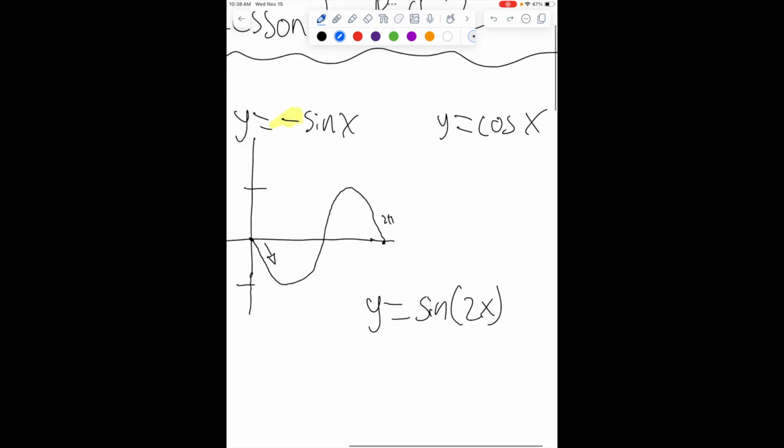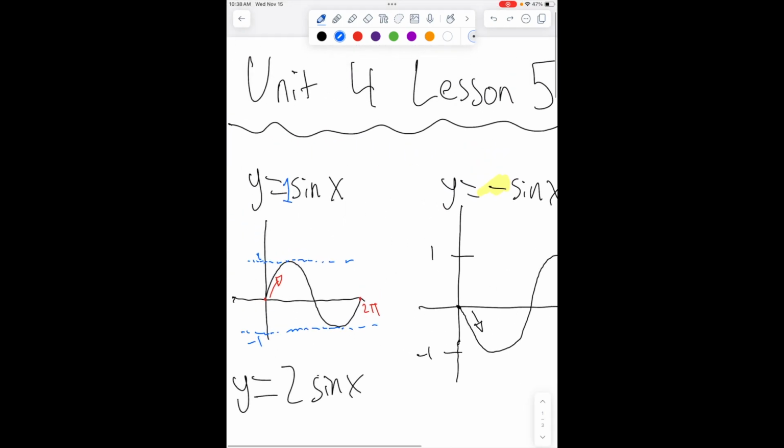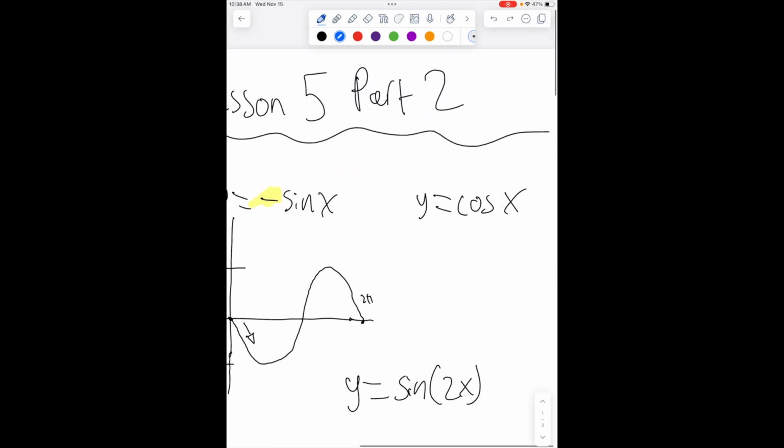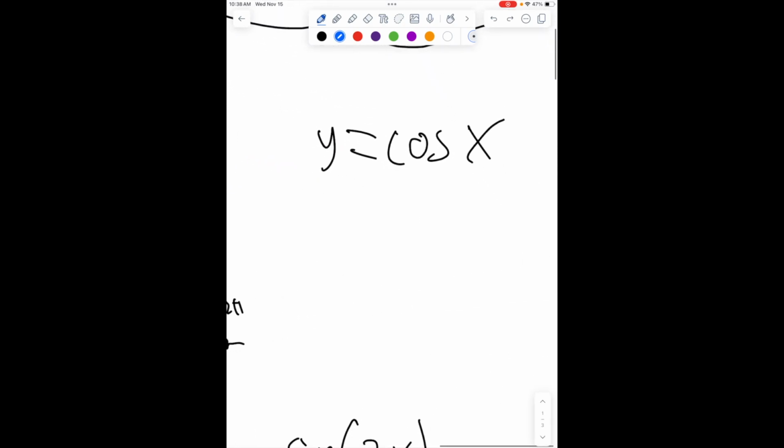Now cosine, notice in our two graphs with sine, we started at 0, 0. But cosine is a little bit different, okay? So when we use the cosine graph, we are actually going to start at the amplitude, which is 1, and then we are going to go down and then back up.